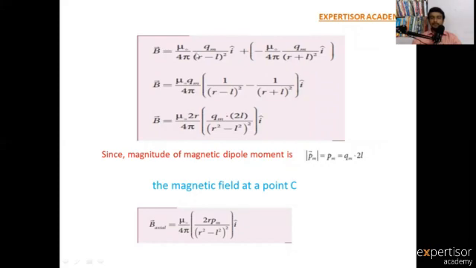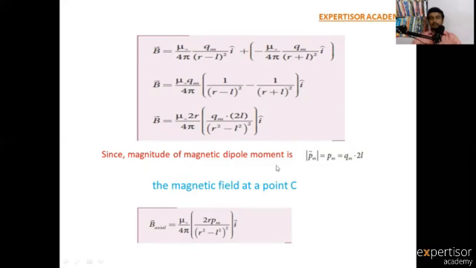So mu naught Qm by 4 pi is the common factor into 1 by r minus L whole squared minus 1 by r plus L whole squared into i cap. After simplification, we get mu naught by 4 pi into Qm into 2r into 2L divided by r squared minus L squared whole squared into i cap.